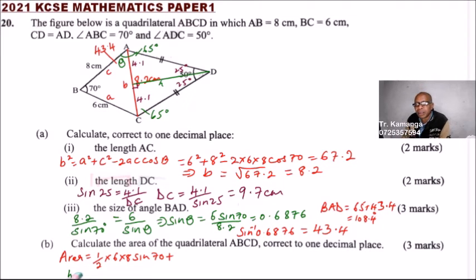So we can say the tangent of 25, the angle 25, is equal to opposite over adjacent, that is opposite is 4.1 divided by the height.